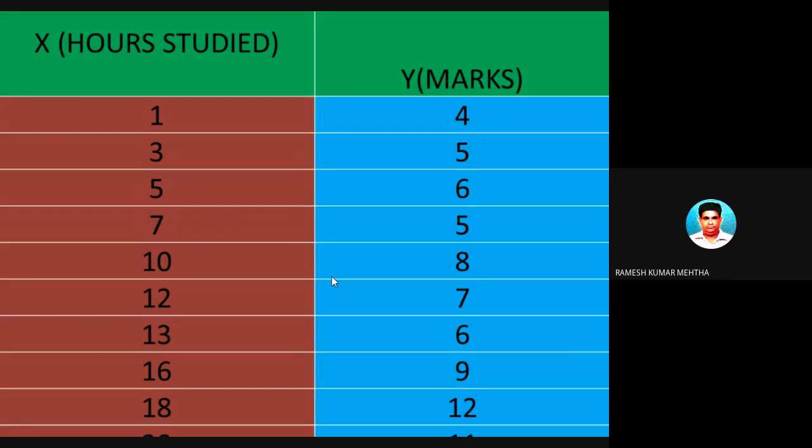Now, in this example we will continue. In this case we have an x variable and a y variable, that is marks and hours studied. One is the dependent variable and another is the independent variable.